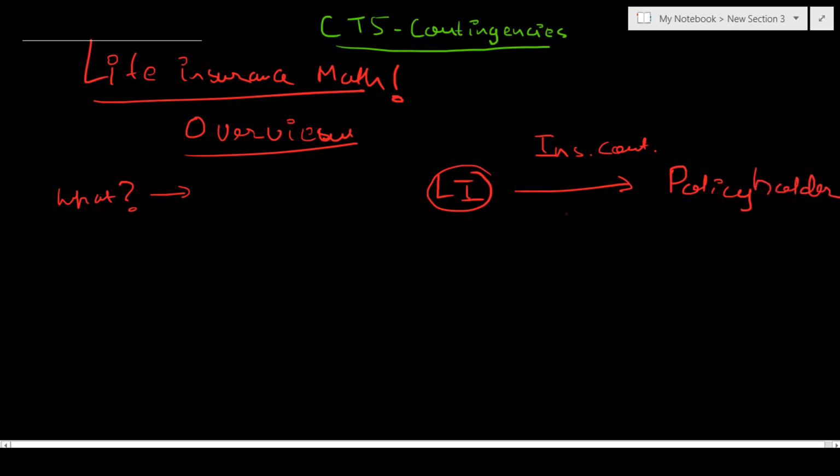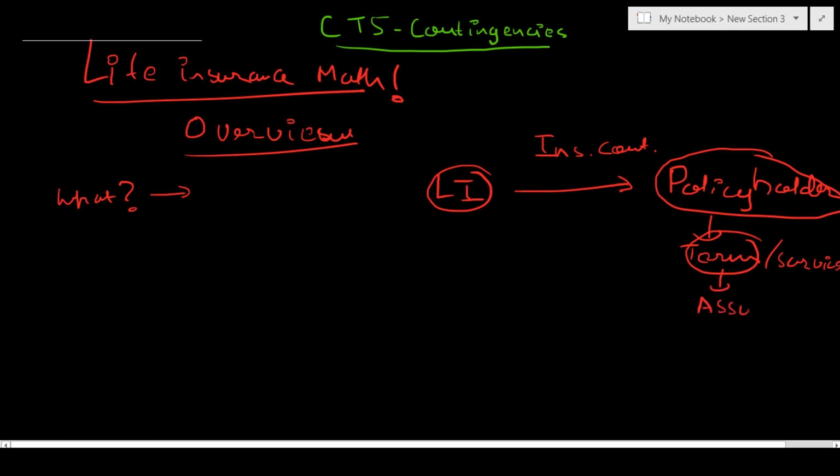The promise here is that if this policy holder dies during a particular term, or survives till the end of the term, typically the first is called an assurance element, and the second is called an endowment element.